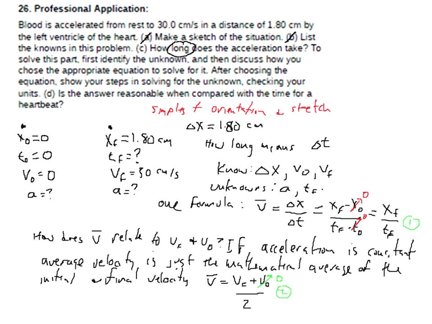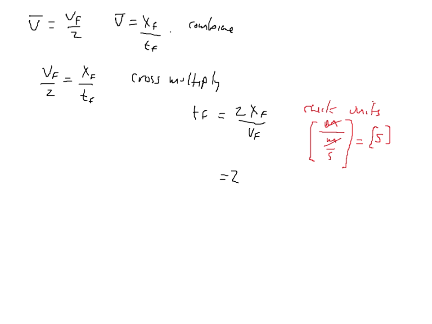So 1.8 centimeters divided by 30 centimeters per second. And I apologize, when I did my unit check here, I did meters divided by meters. As long as it's the same unit, of course, they're going to cancel each other out. And that comes out to be 0.12 seconds. So is that reasonable?